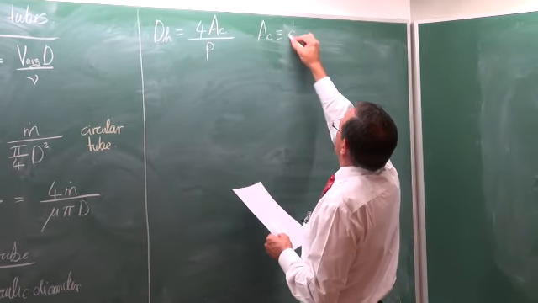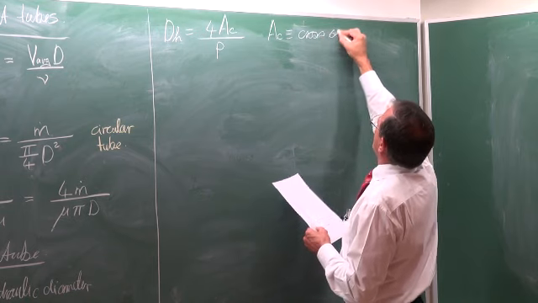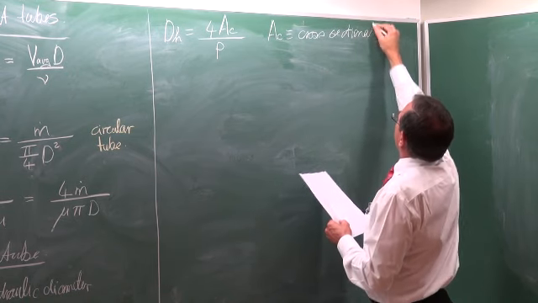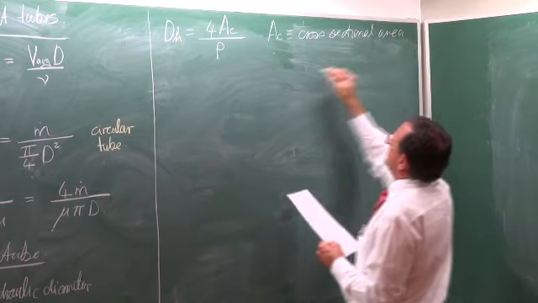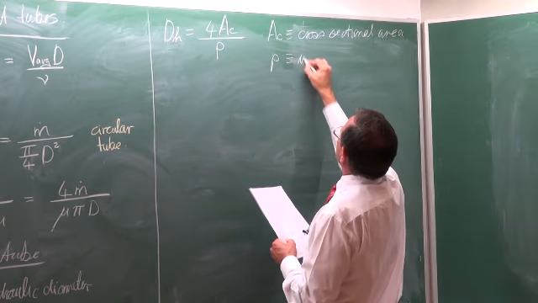A_c is the cross-sectional area, and P is the wetted perimeter.